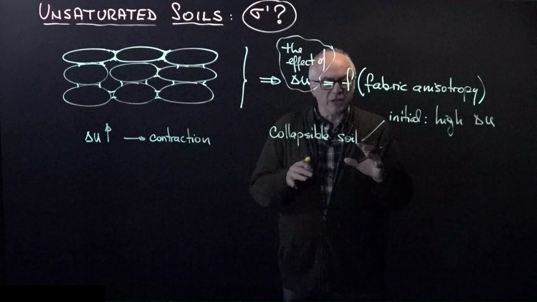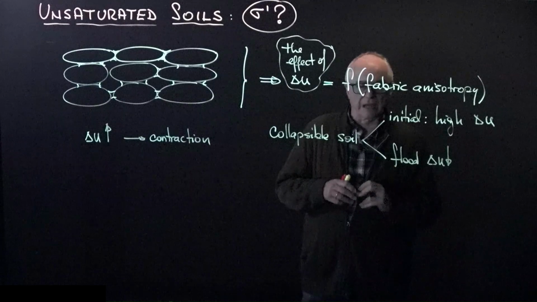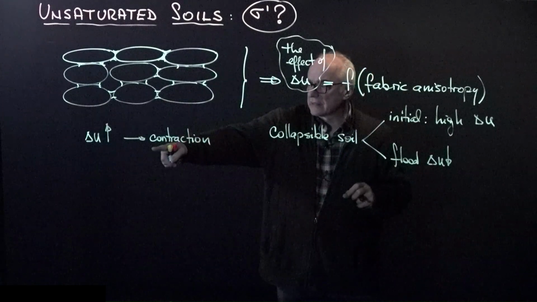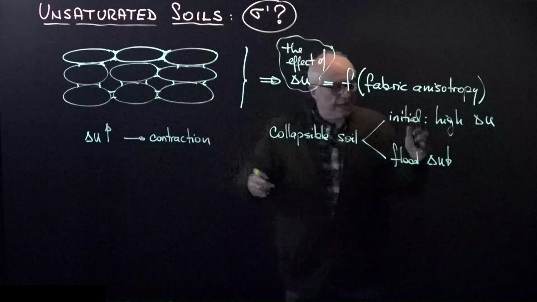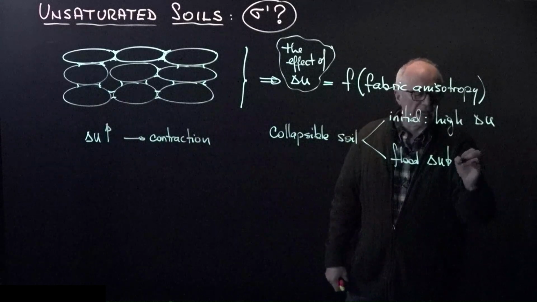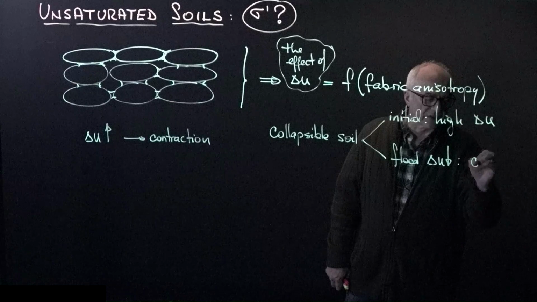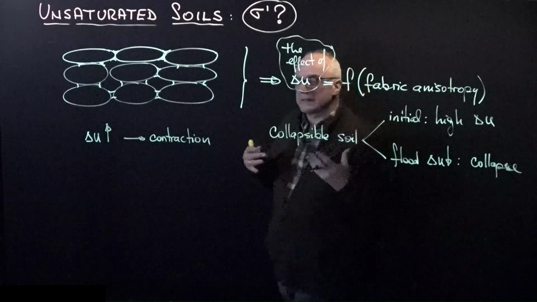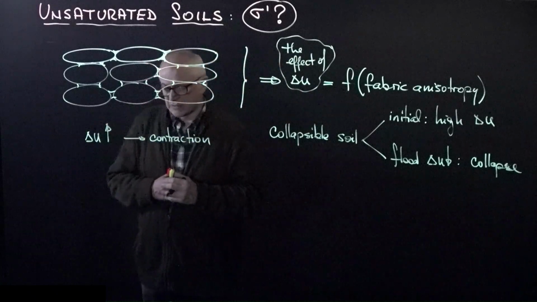However, when you flood the soil, that means that you bring the suction very much down. You would expect the soil to swell, according to that basic rule that comes from the concept of effective stress. However, a collapsible soil actually experiences very high volumetric contraction, in fact, collapse. Therefore, we see the inherent limitations of a formulation like Bishop's effective stress.